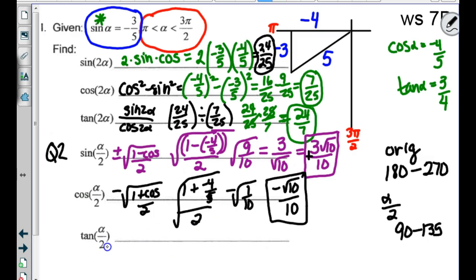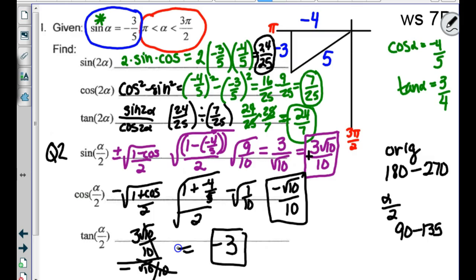And if you went to do tangent, if you put this answer over this answer, guys, you would get negative 3. Okay, if you had negative 3 square root of 10 over 10 divided by negative square root of 10 over 10, all that would divide out and you would just end up with negative 3 for the tangent. Can the tangent be negative 3? Yeah, the tangent can be anything, right?